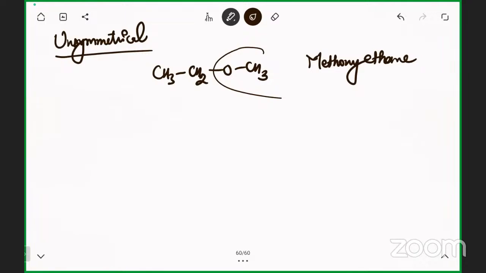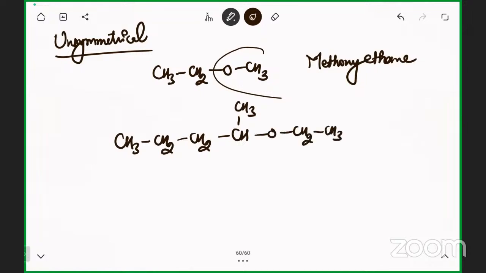Very good. So tell me the name of this compound then: CH3, CH2, CH2, CH, then CH3, then O, then CH2, then CH3. Now tell me the name. Ethoxy pentane.